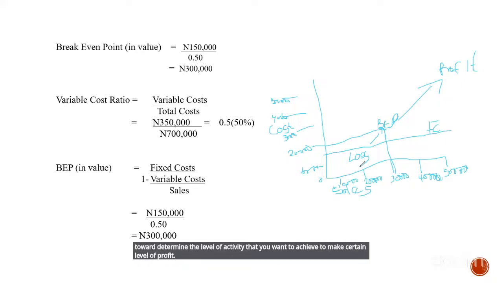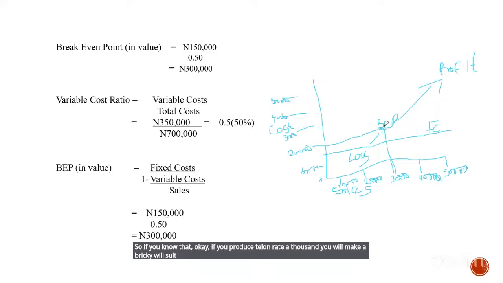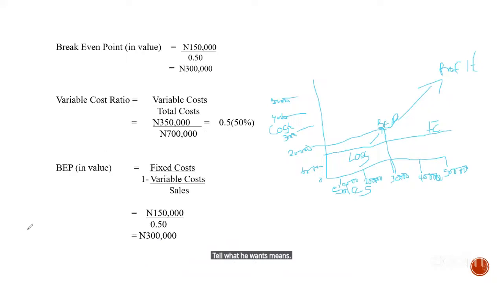So if you know that if you produce 300,000, you will break even, then if you want to make profit, you must at least produce above 300,000. That's what it means. Now let's continue.